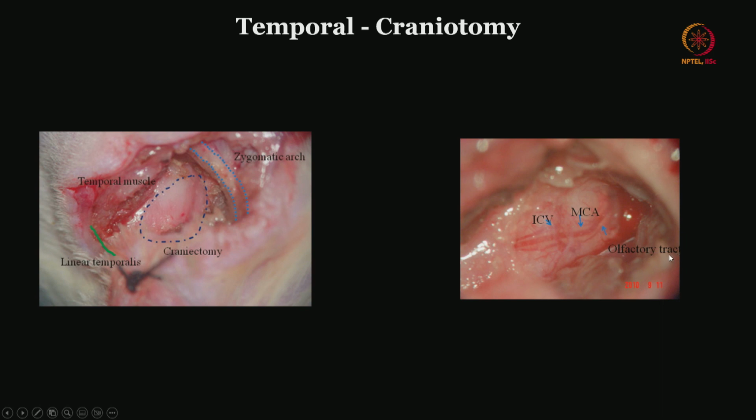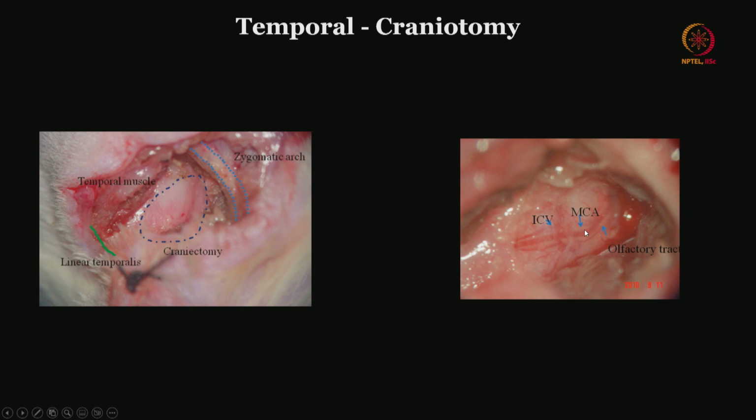The olfactory tract, that's the pathway carrying the olfaction. So that's the surface landmark once you expose this area to identify the middle cerebral artery. Nonetheless, it's a very prominent vessel, difficult to miss if you are following other landmarks correctly.